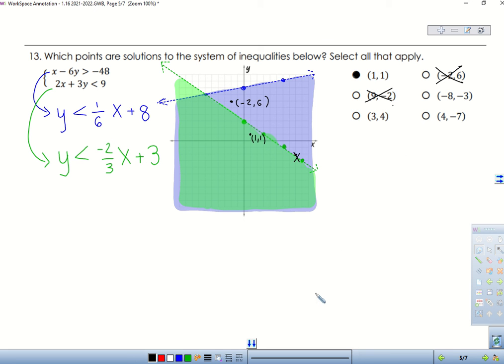Does everyone understand that? Negative 8, negative 3 is definitely in the region, right? Because this whole quadrant is in the region. 3, 4 is up here in the blue. And negative 7 is down here, which is going to be good.